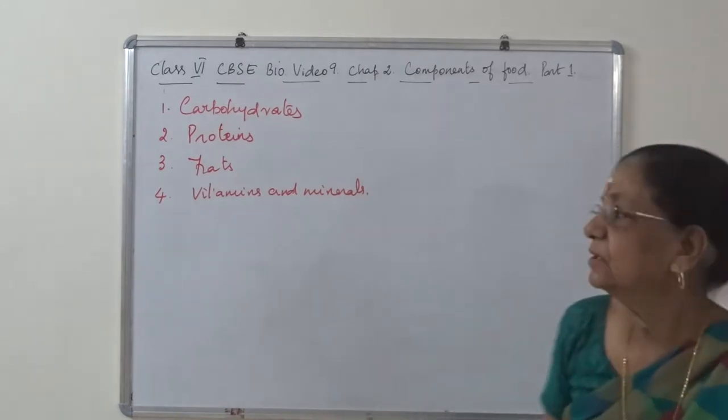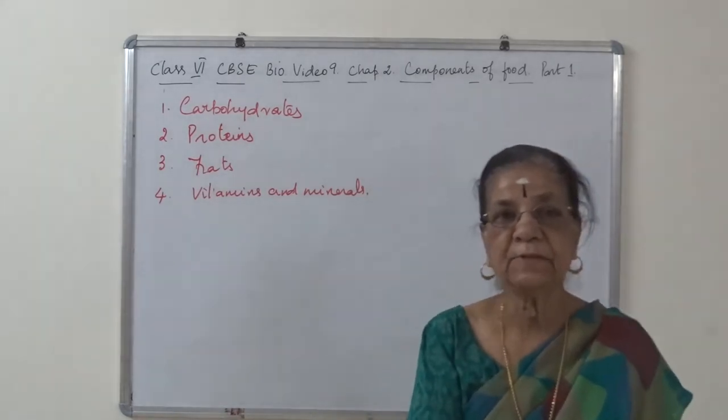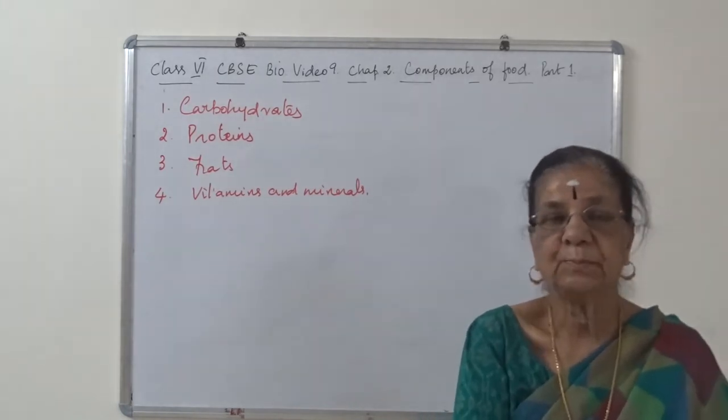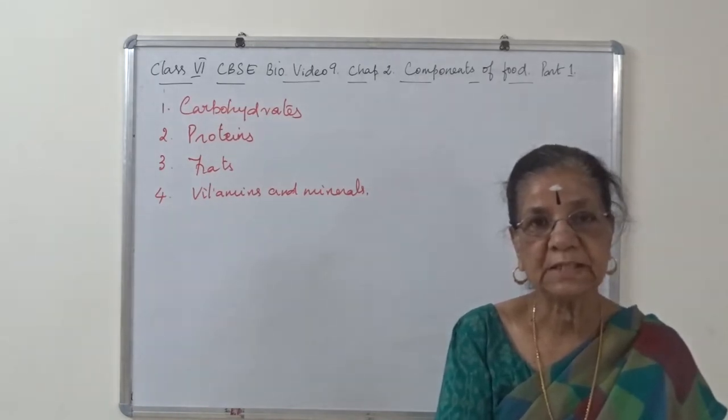So these are the food components that we are eating in different forms, mainly as plant and animal sources. I hope you understand.